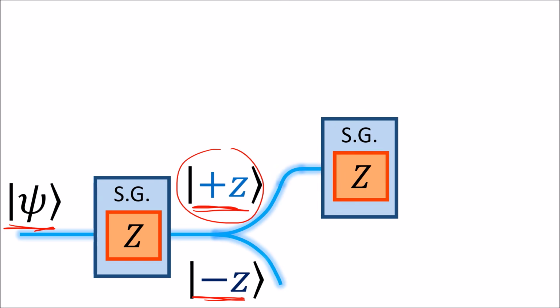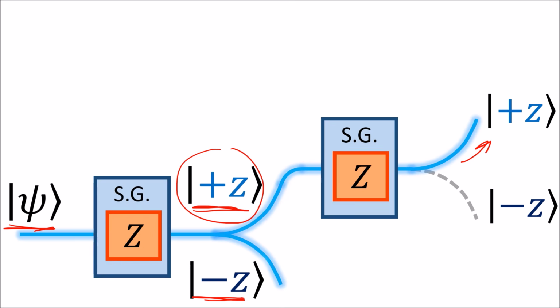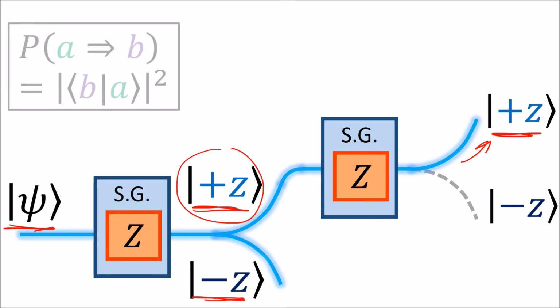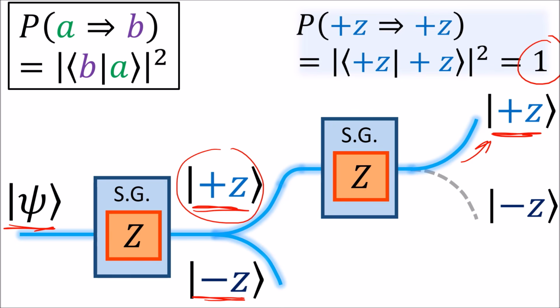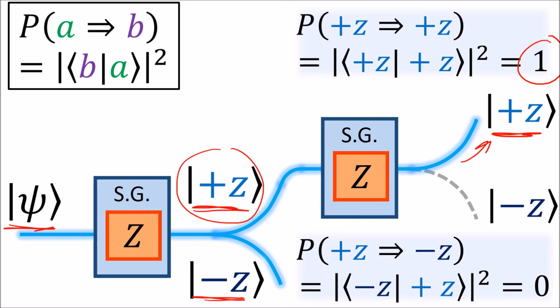Now let's take these spin up particles and put them through another SG apparatus. We find that all the particles are deflected up, and none are deflected down. So according to Born's rule, the probability of measuring spin up, given a spin up state, is 1. And the probability of measuring spin down, given a spin up state, is 0.